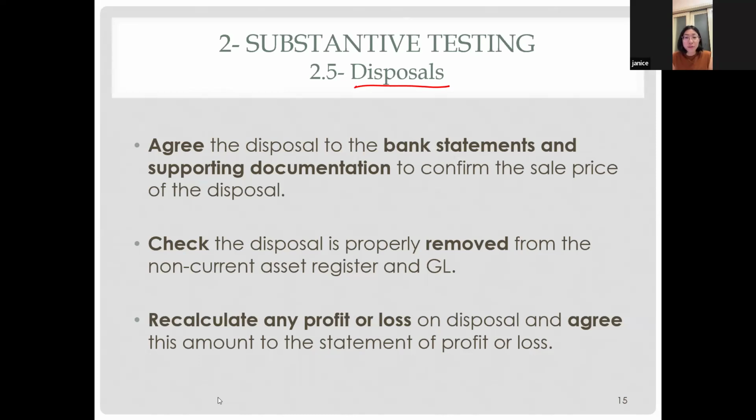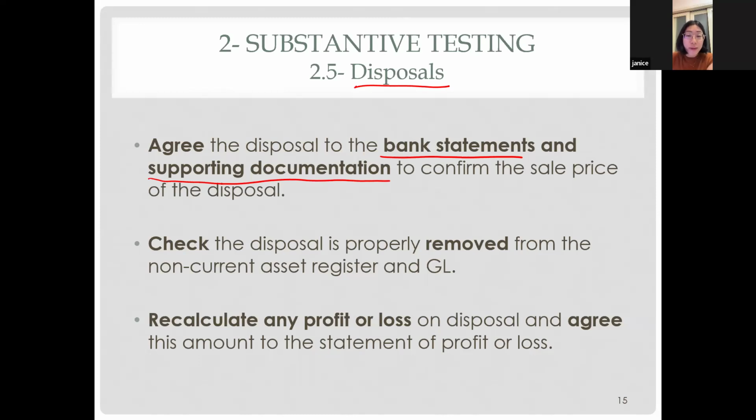We would have the money transferred to our account, so we can check the payment to the bank statement. And we probably also gave a receipt to the buyer, so we can also check for any supporting documents that we have prepared, like an invoice or receipt of a payment to confirm the price.